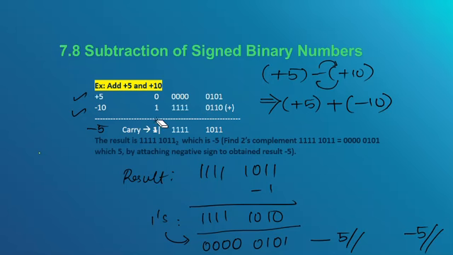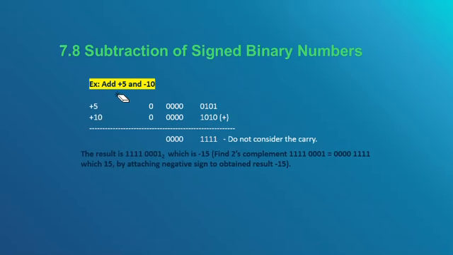So how do we do it? When you try to subtract two positive numbers, make one number a negative number and perform it as addition. Next one is, I have the topmost positive and the next one negative. That is, I have plus 5 subtracted with minus 10. So this I will convert into plus 5 plus 10.